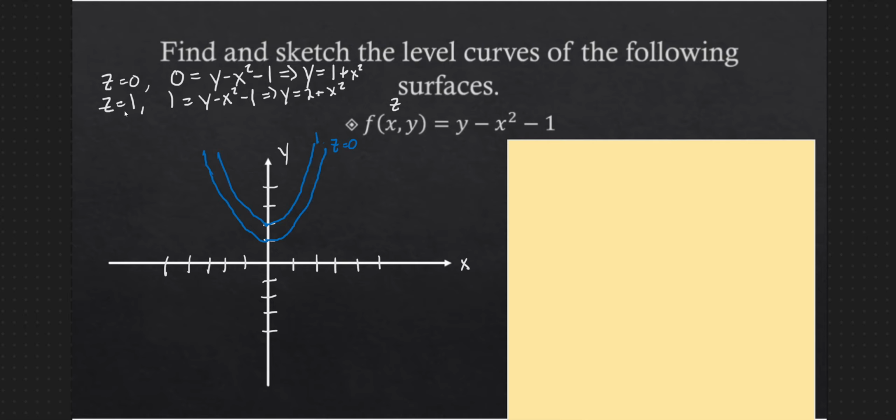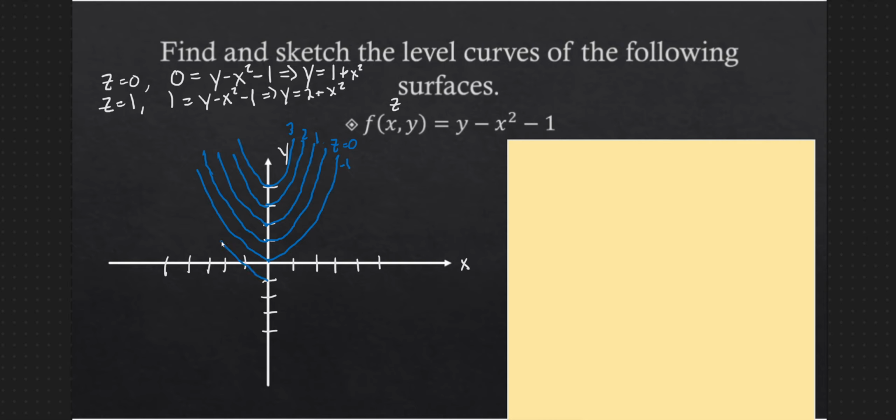Now you can imagine what's going to happen if I do z equal to 2. I'll get 3 plus x squared. I don't even have to work out that algebra if we can notice the pattern of what's happening. So that's at z equal to 2. We'll have another parabola here at z equal to 3. And then if I go down, say z equal to negative 1, the 1s are going to cancel out. I'll just have y equals x squared. So I'll get this parabola at z equal to negative 1.